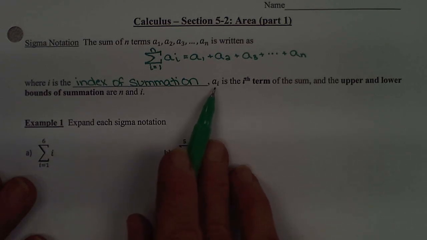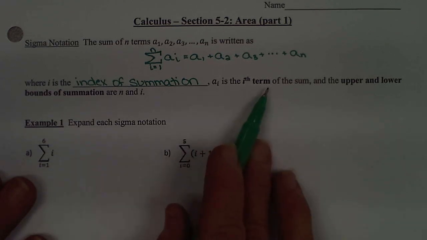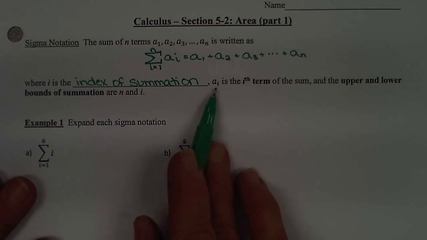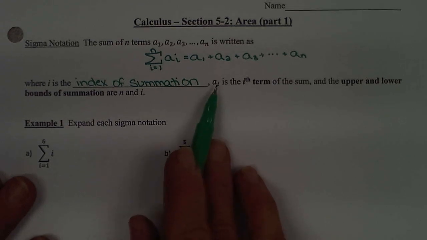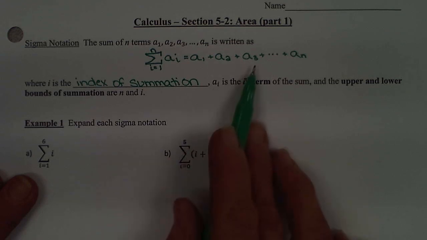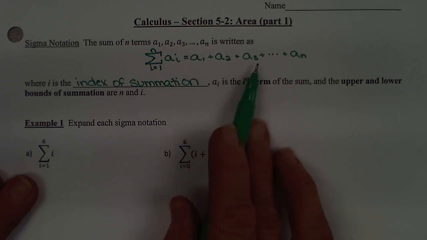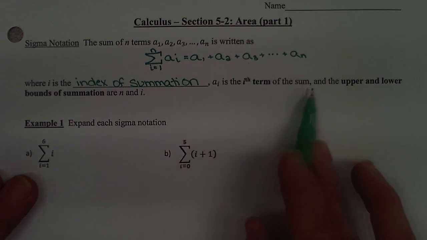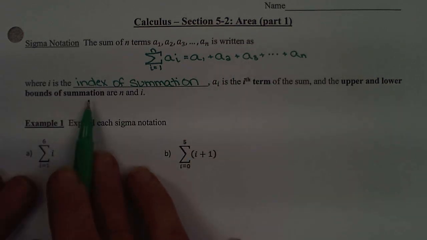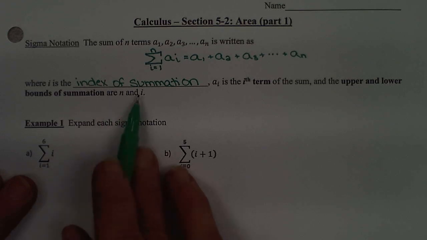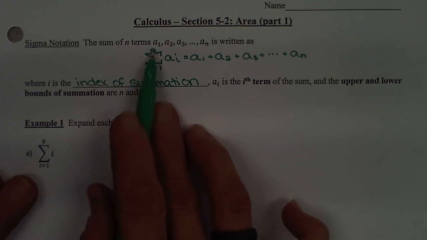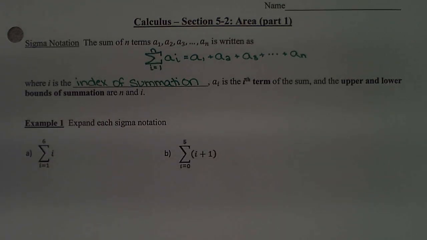So a sub i is the ith term of the sum, meaning that whatever this small subscript number is, that's what number term it is in that sum. So when I say a sub 3, it's the third term in the sequence or in the sum. The upper and lower bounds of the summation are n and i. So lower bound i, upper bound n.